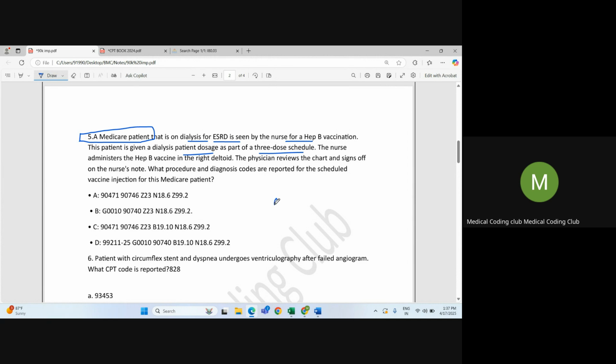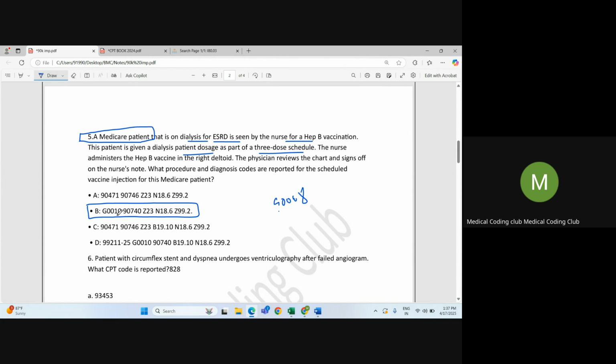If they mention influenza, we use G0008. The normal 90471 or 90460, that code we don't take, since the payer is Medicare. So the correct answer for this particular question is option B.